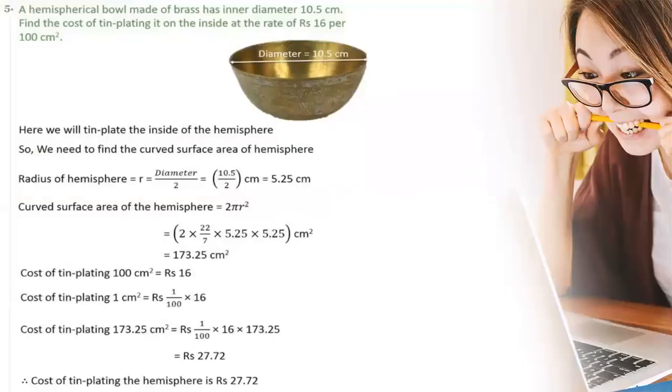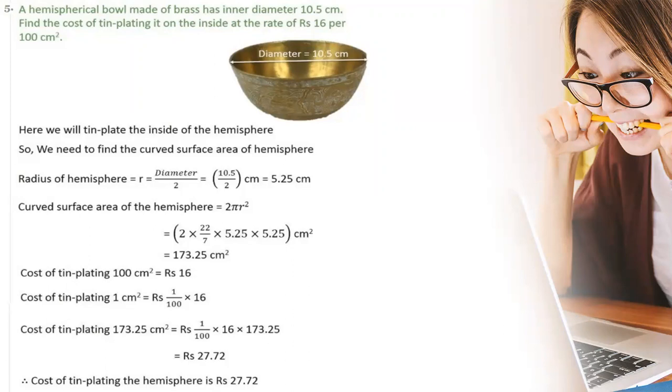So here we are given a hemispherical bowl with its diameter, and we need to find the cost of the tin plating at a rate of rupees 16 per 100 centimeter square. Here it is per 100 centimeter square, which means that we need to find the area. So we need to find the curved surface area of the hemisphere, which is 2 pi r square.